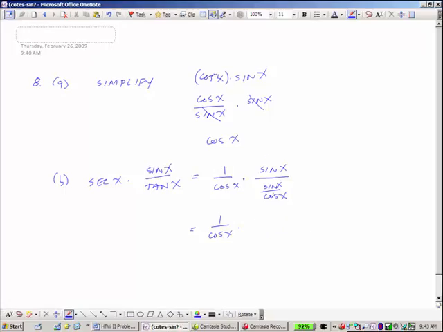Let's think about, there are a couple ways of thinking about it. Instead of dividing by sine over cosine, let's think about it as multiplying. What do you do when you divide? Flip it. All right, so I'm going to multiply by the reciprocal, so it's the same as multiplying by cosine over sine. So the sine x's, what happens? They reduce. What about the cosines? They reduce.